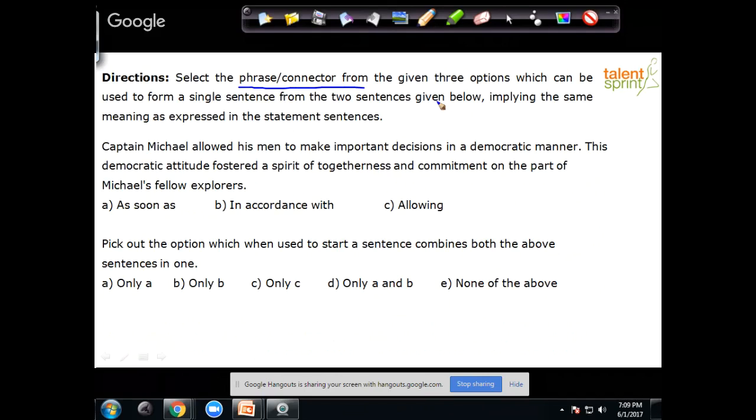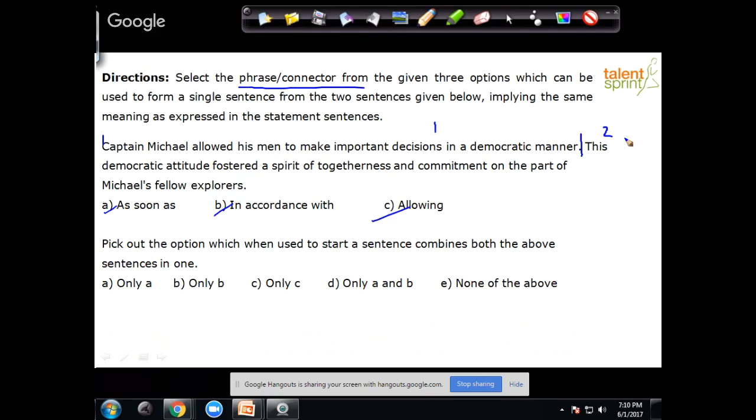Yeah, so some broad things that I want to talk about when it comes to phrase connectors and sentence connectors, and here let's look at the directions, right? Let's read that carefully. It says select the phrase or connector from the given three options, A, B, C, which can be used to form a single sentence from the two sentences, this is my first sentence and this is my second sentence given below, implying the same meaning as expressed in the statement sentences.